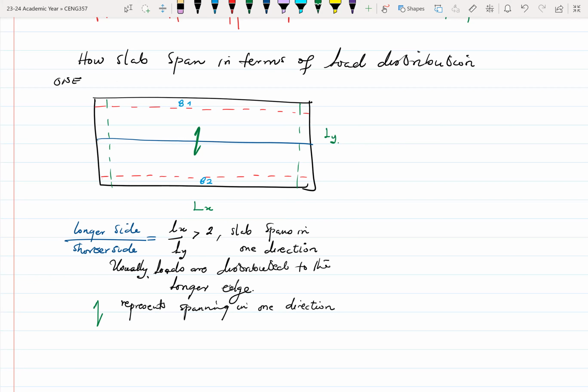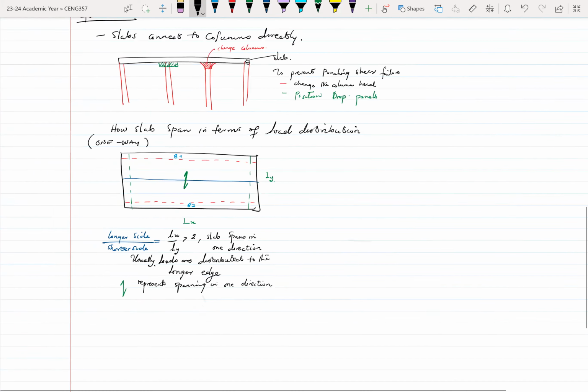I will say one way spanning in terms of the load.